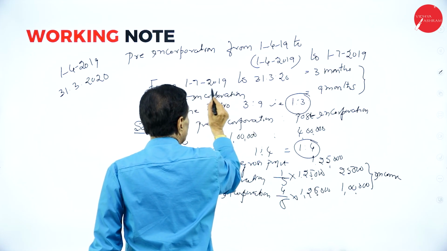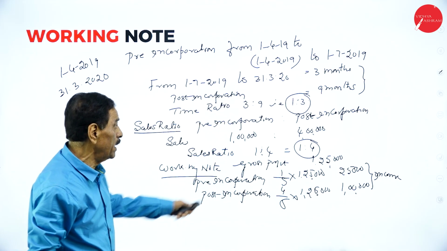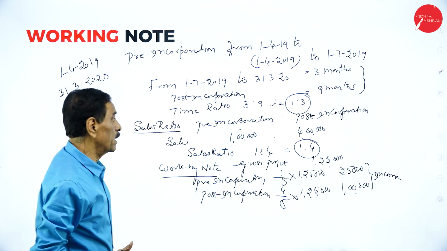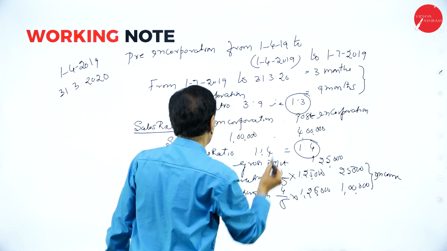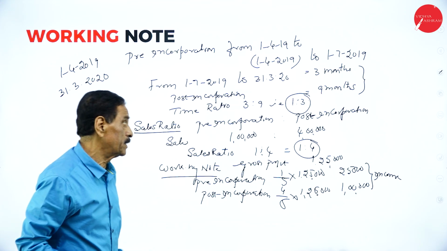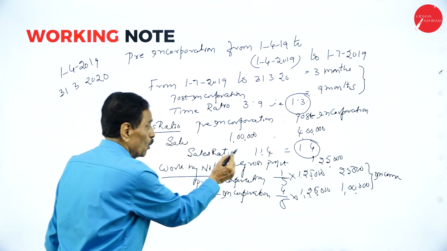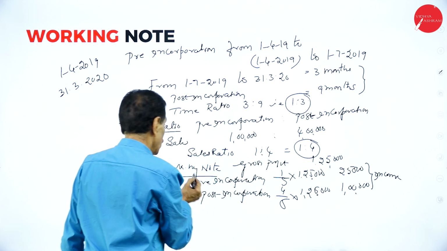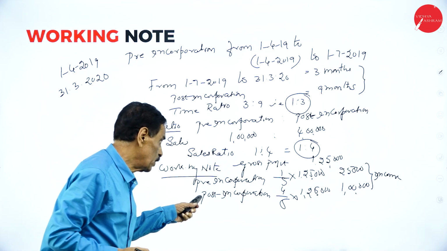Then from 1/7/2019 to 31/3/2020, that is 9 months, the post-incorporation period. Therefore, time ratio 3:9, 1:3. Sales ratio: pre-incorporation sales 1 lakh, post-incorporation 4 lakh. Sales ratio 1:4.